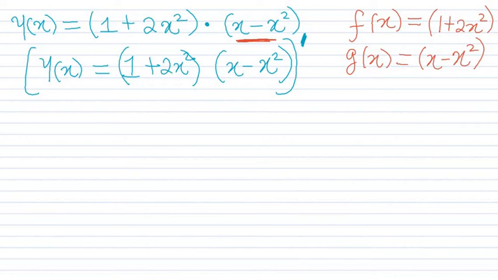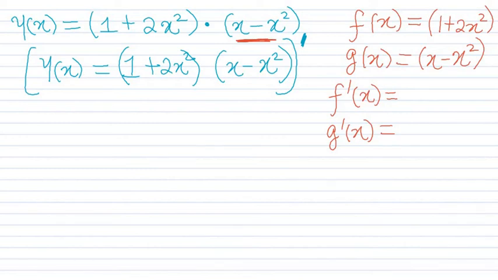You can either make a side note and differentiate them up front, or you can just differentiate as you're solving. I like to differentiate as I'm solving, but to make it easier for people, I'm going to do both.